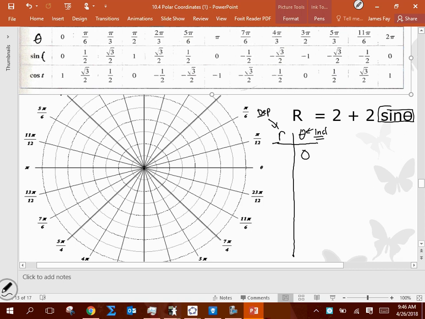Sine of theta would be 0, right? So I get 2 plus 2 times 0, which is just 2. So you can do all these ordered pairs and then go back and plot. I'll just go ahead and start plotting them as we go.